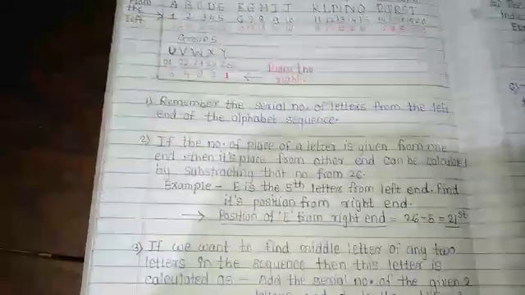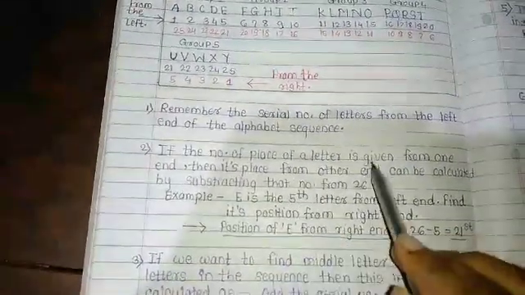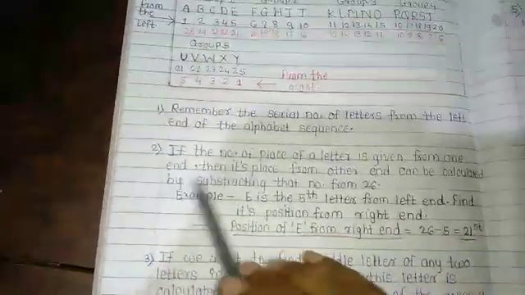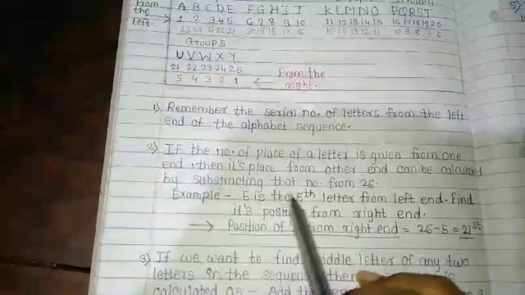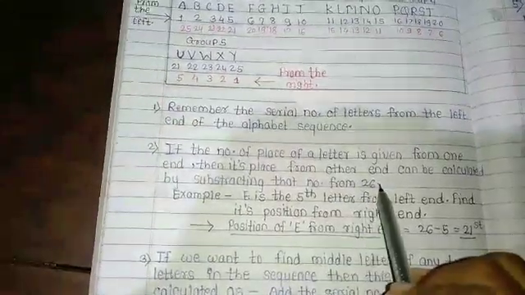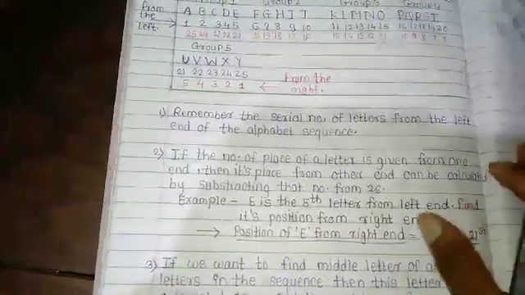Next important thing: if the place number of a letter is given from one end, then its place from the other end can be calculated by subtracting that number from 26. What does it mean?